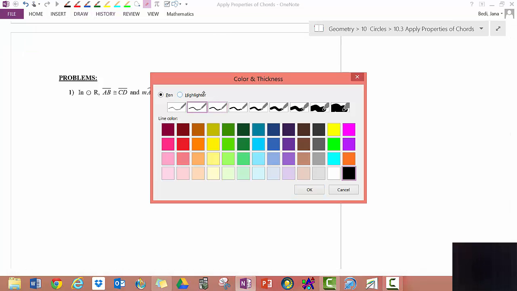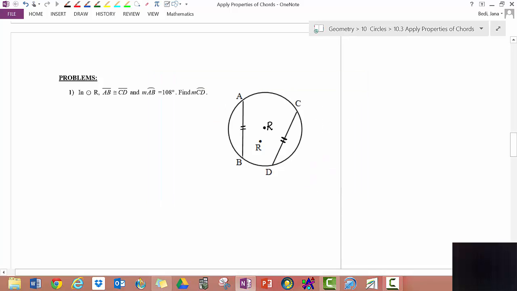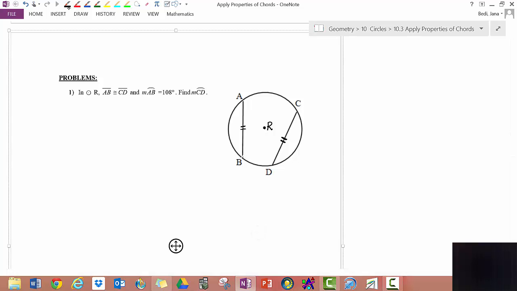I want to erase that because I didn't want the R there. So let me try this one more time. Okay, that's approximate, but it'll do. I need black, then I need my segment again.